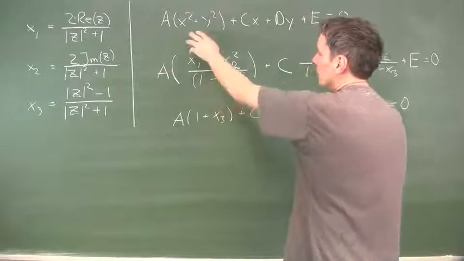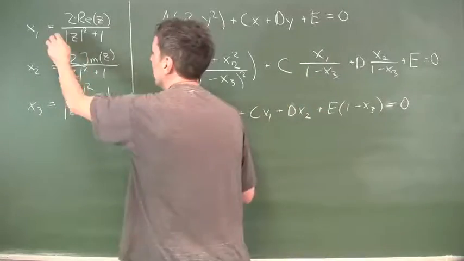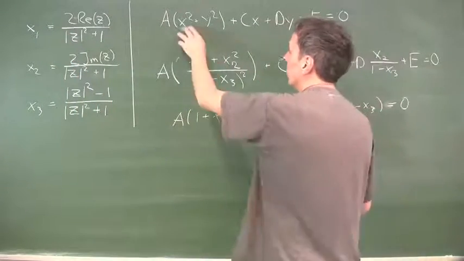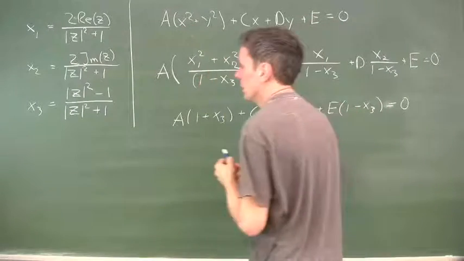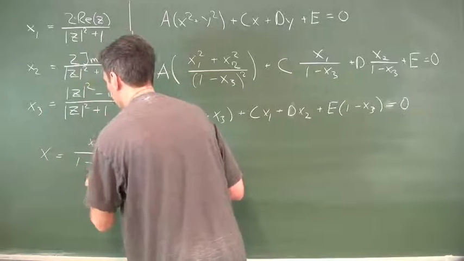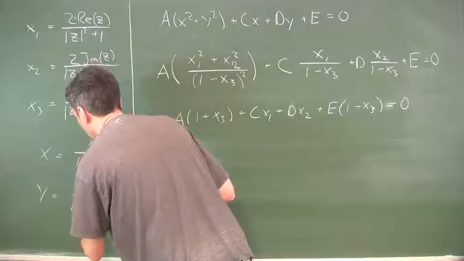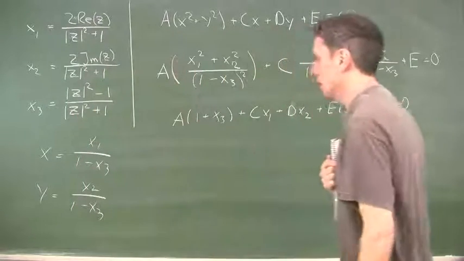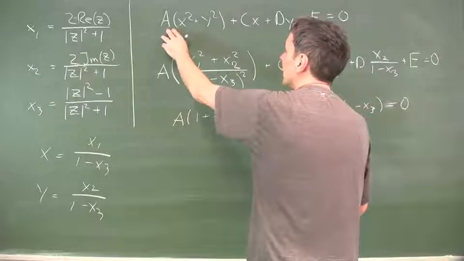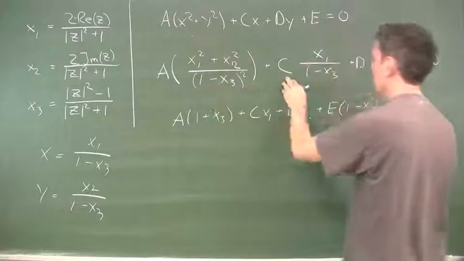However, if you consider the corresponding equation on the sphere by just inserting the expressions we had for x and y, remember that x is equal to x1 divided by 1 minus x3, and y is equal to x2 divided by 1 minus x3, then if you insert this into this equation, we get what we have here.